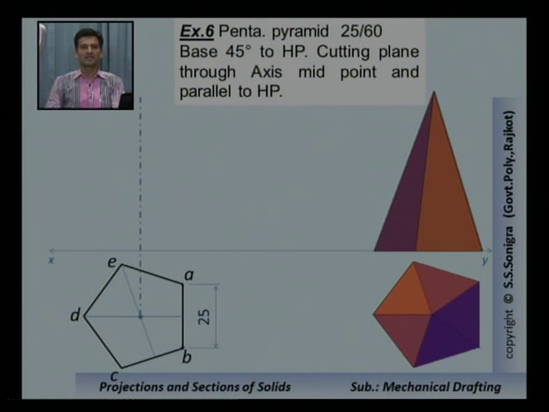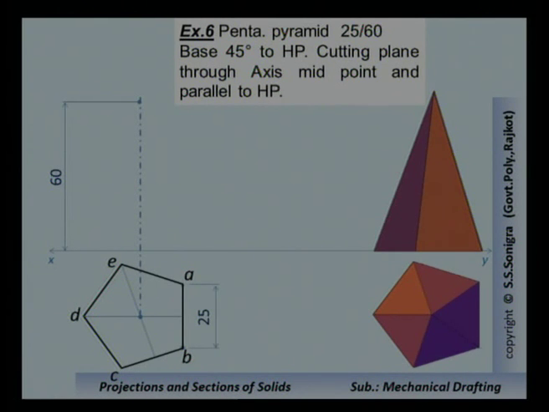So draw a center line that will pass through this point, and the height of this solid is given as 60 millimeter. So at a distance of 60 millimeter from this base or from the XY line, mark a point on the center line, and here is the apex point. Now from the points A, B, C, E and D, draw the projection lines and draw a triangle like this, and this triangle shows the front view of this pentagonal pyramid.